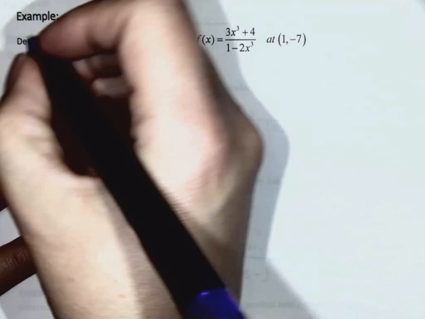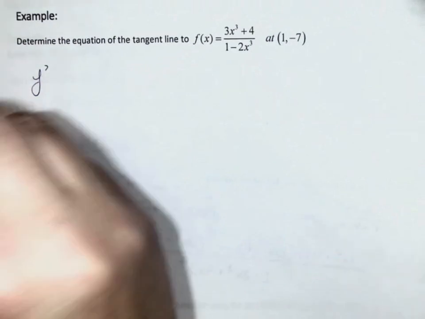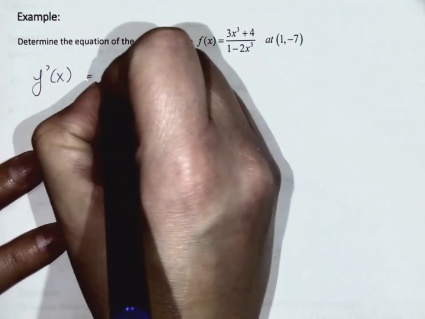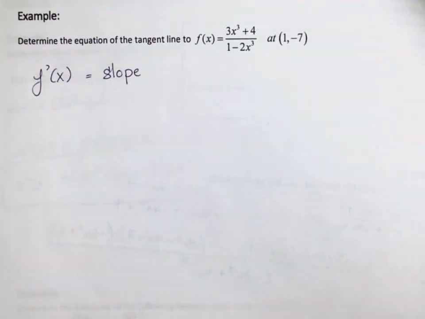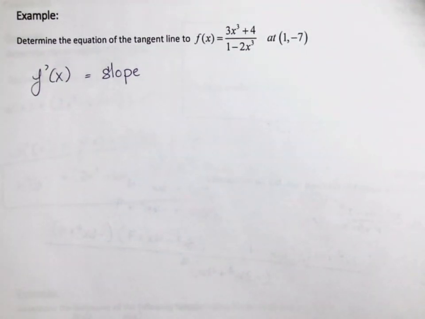So we need to find the derivative, because that's going to give us the equation for the slope of that straight tangent line. So we're going to do that first. Easy peasy though, right? We just did it.